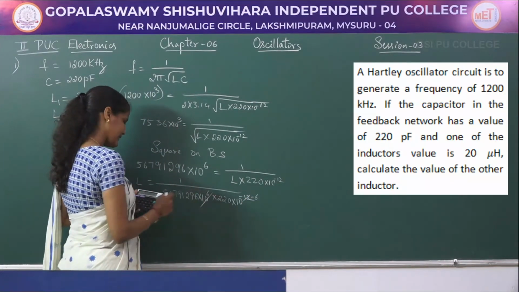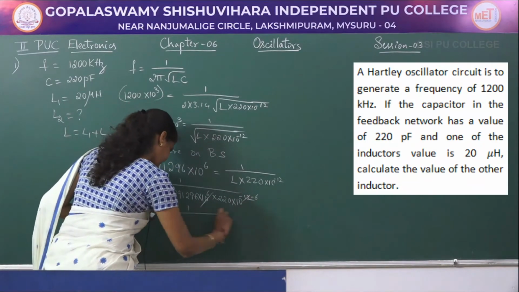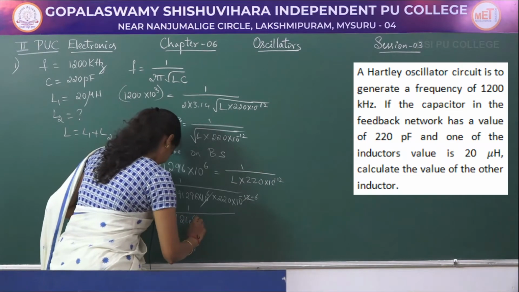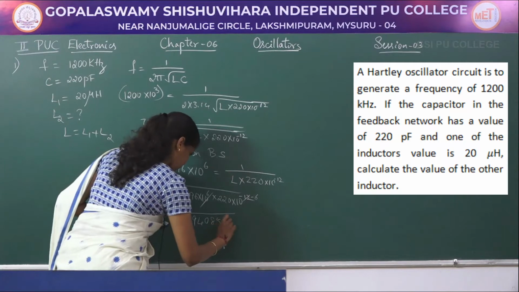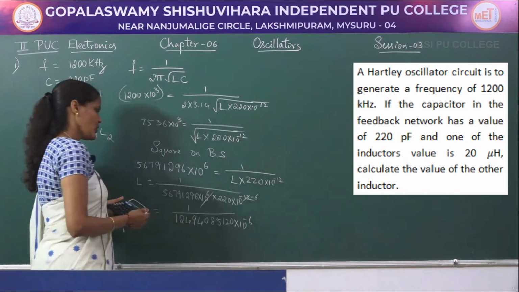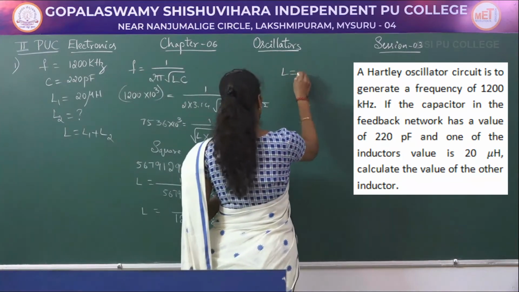So let us multiply these two terms. I will be getting L is equal to 1 divided by 12494085120 into 10 to the power of minus 6. So 1 divided by this answer gives me L is equal to 0.